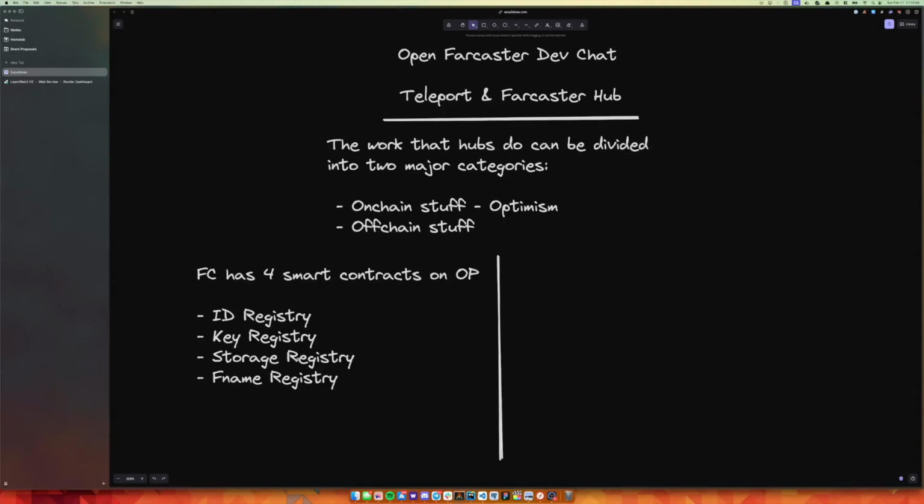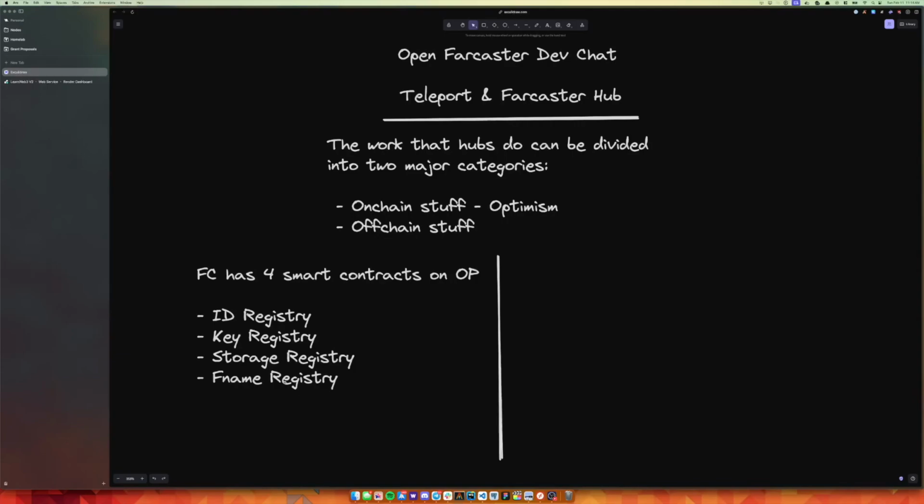They're all messages. So one storage unit gives you 5,000 messages that you can post, and then you can purchase more if you need to, however many you want. The storage registry keeps track of that, and there are on-chain functions again to do the transaction to buy more storage units.